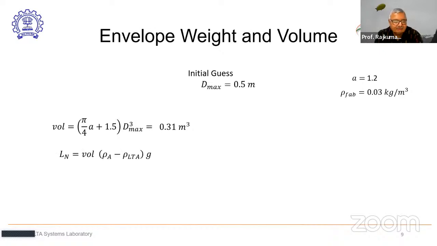Then the net lift is going to be volume into the difference in the density of the gases. Okay. Can you first calculate the volume of the envelope with the diameter as 0.5 using the formula which I had shared with you? Please.